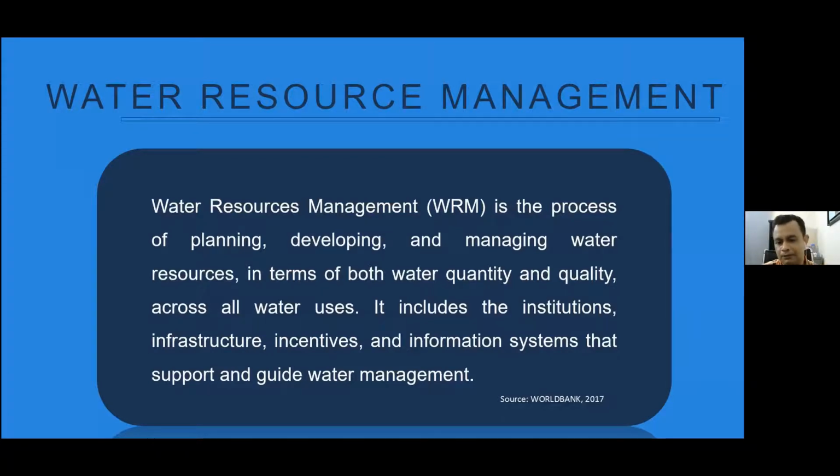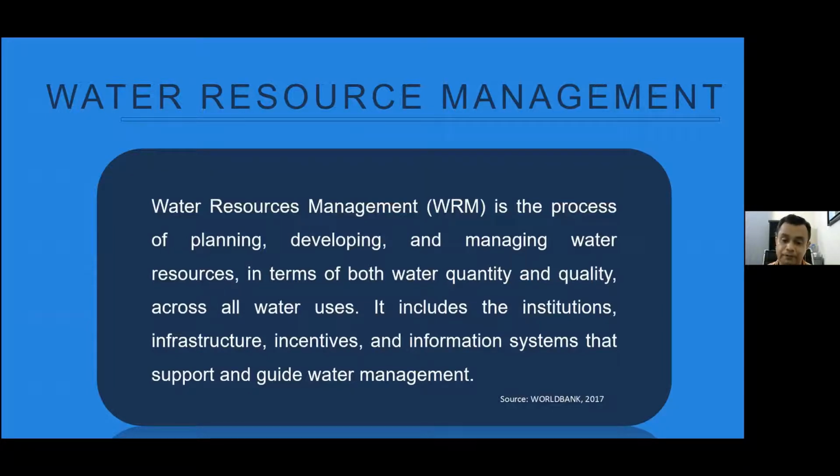That means you have to have an institutional body, some infrastructure and incentives as well, and especially, the focus of our discussion today, the information system. If you have institutions, infrastructure, and incentives, but you don't have any information systems that can be used for management, then you will fail to manage this very scarce water resource.